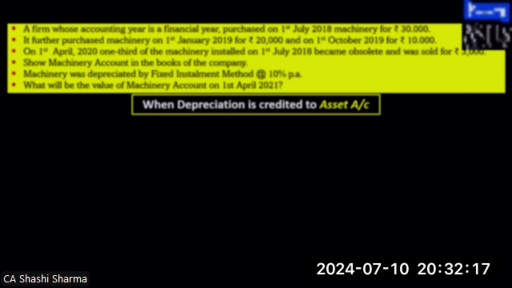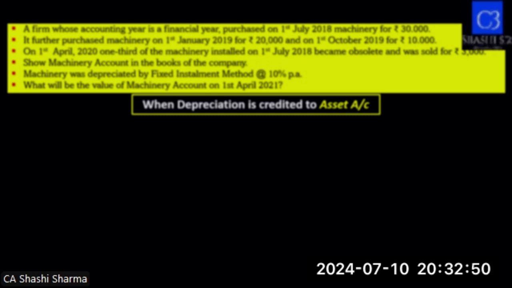The method has been mentioned in the next sentence, that depreciation will be provided on fixed installment method. It is actually straight line method. Straight line method and fixed installment method. There is another name for this method also. This method is also known as original cost method.